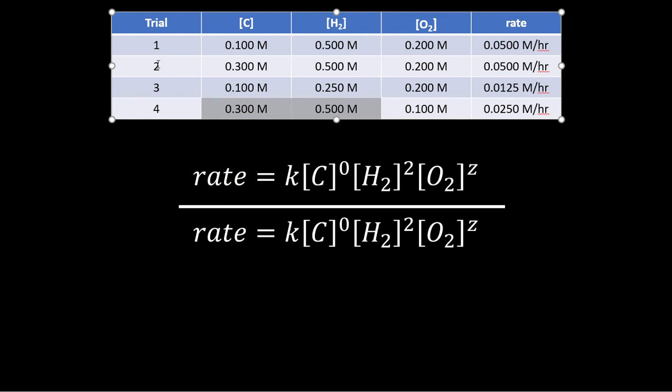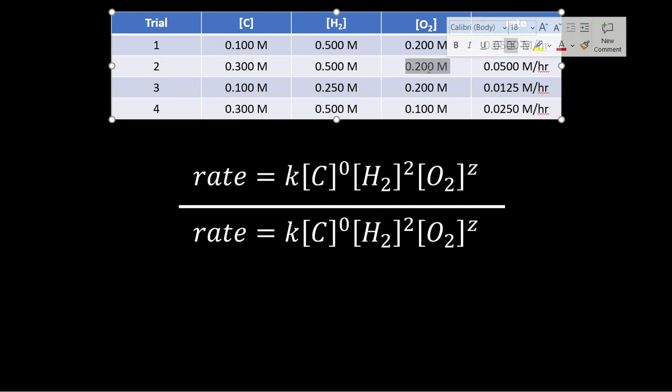And that would be trials 2 and 4. Now, for trial 2, the concentration of molecular oxygen is higher, so I'm going to take the data in trial 2 and divide it by the data in trial 4, just to keep the concentration of oxygen that's higher in the numerator.